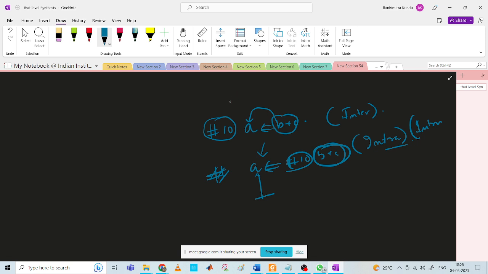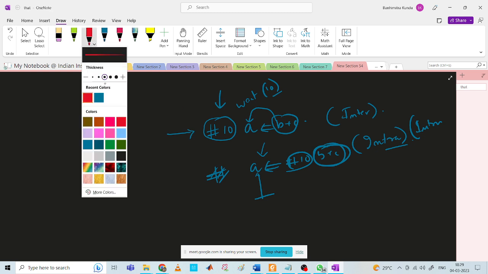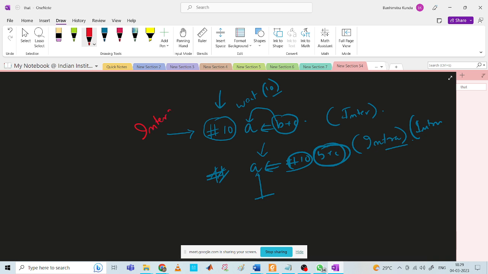But in your inter statement, first you wait, then you calculate B and C and assign it to A. Okay. So this is the difference between inter and intra. Now it is very important to know the differences between the two, and most of the time you require this inter statement delay.